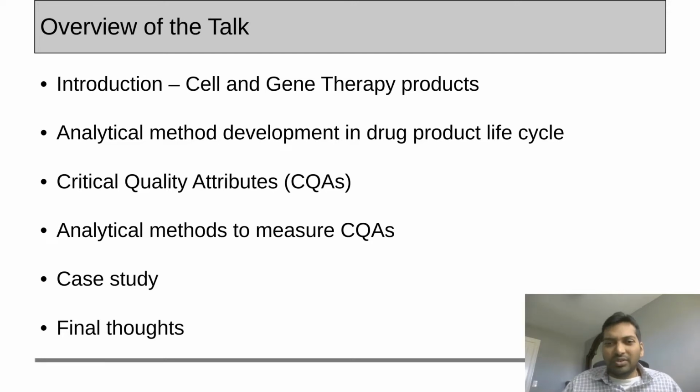This talk mostly focuses on gene therapy products, so I will talk about gene therapy a lot. Then I'll talk about different analytical methods, the traditional methods as well as advanced methods being applied to define these critical quality attributes in cell and gene therapy products. I will give one case study, which is an article, and then final thoughts on how these critical quality attributes can be understood or achieved in a gene therapy product.